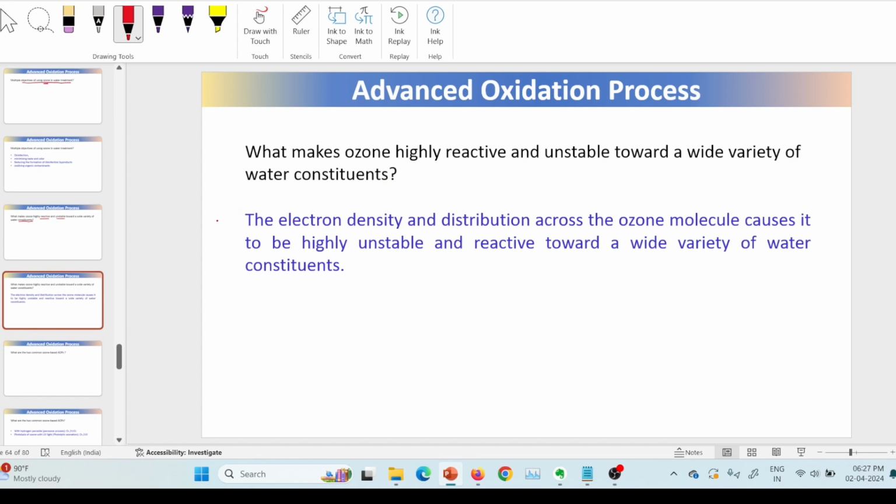This is because of the electron density and distribution across the ozone molecule, which causes it to be highly unstable and reactive towards a wide variety of water constituents.